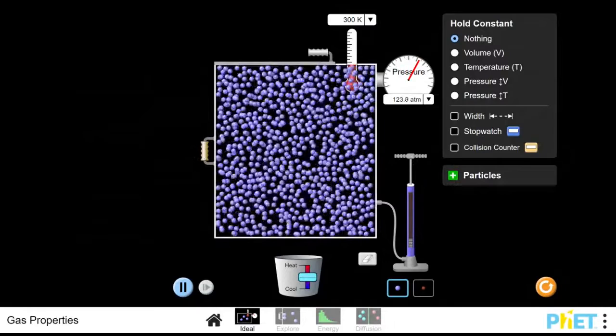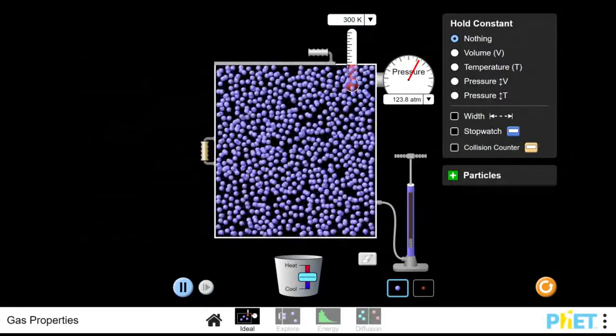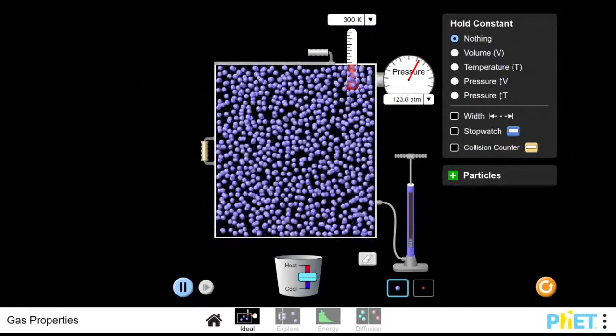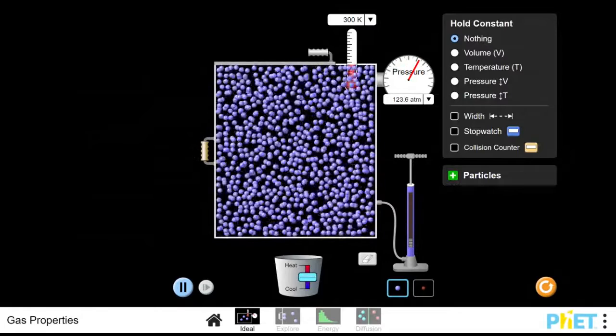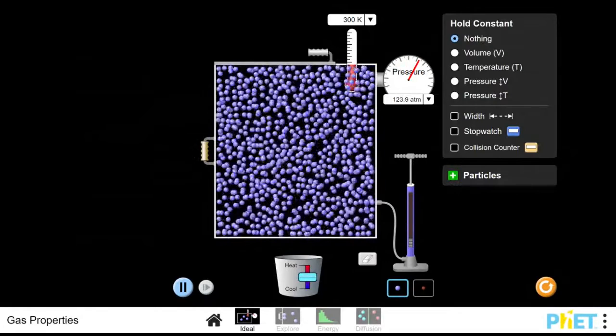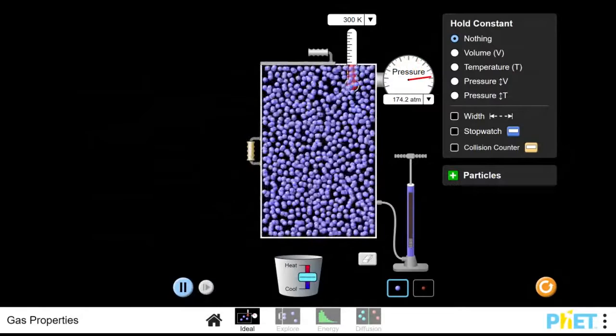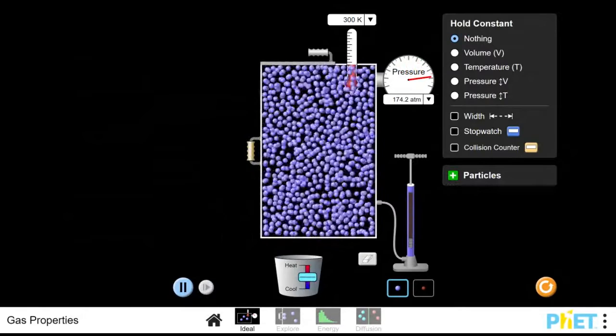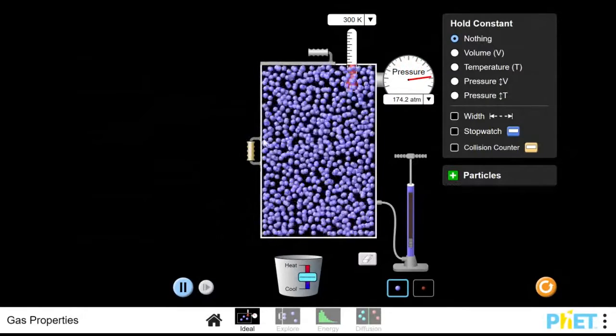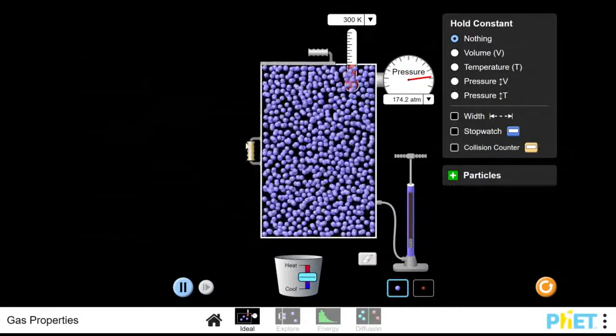The presentation I posted on Moodle did it this way: if you double the pressure, you cut the volume in half. I keep decreasing the volume, and that increases the pressure.